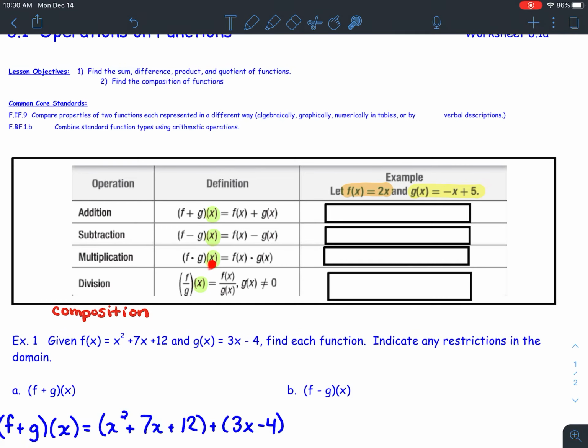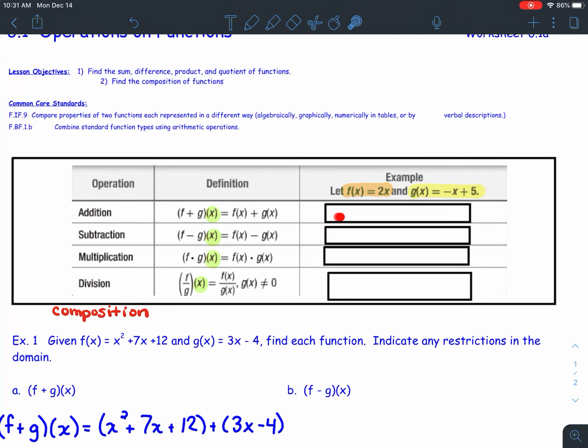But this extra x that you see off to the side is not telling you that you are then to distribute an x into these answers. It's simply telling you that equations f and g are comprised of the variable x, okay? So in a lot of ways it might even feel like you're not doing anything with this x. So this just simply means add the two functions together, subtract g from f, multiply the two together, and then divide the two together, making sure that your denominator is never equal to 0.